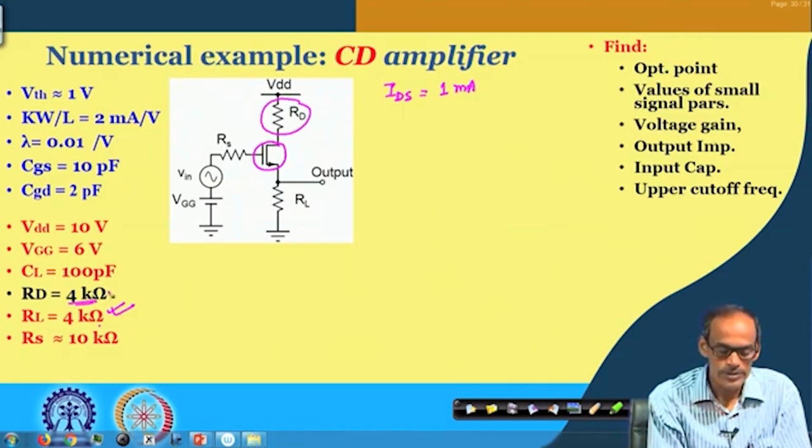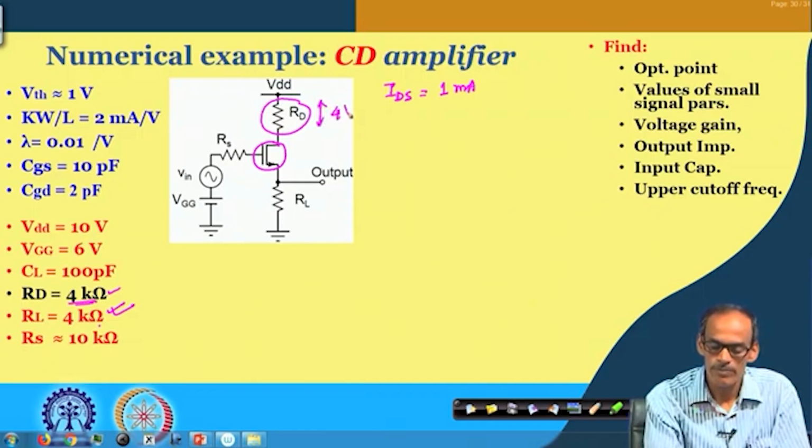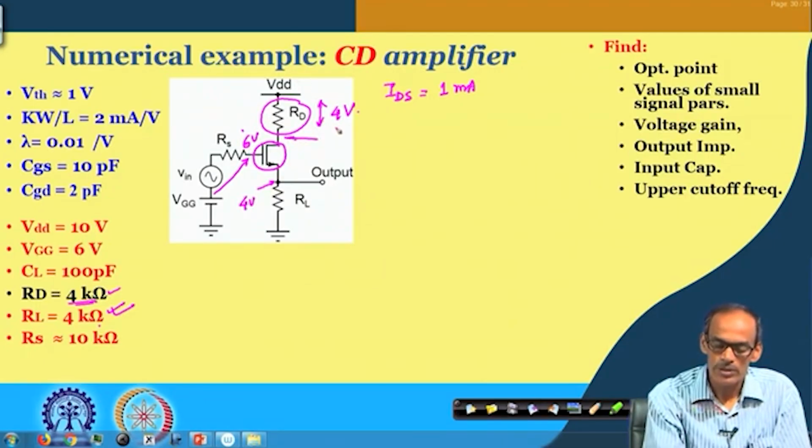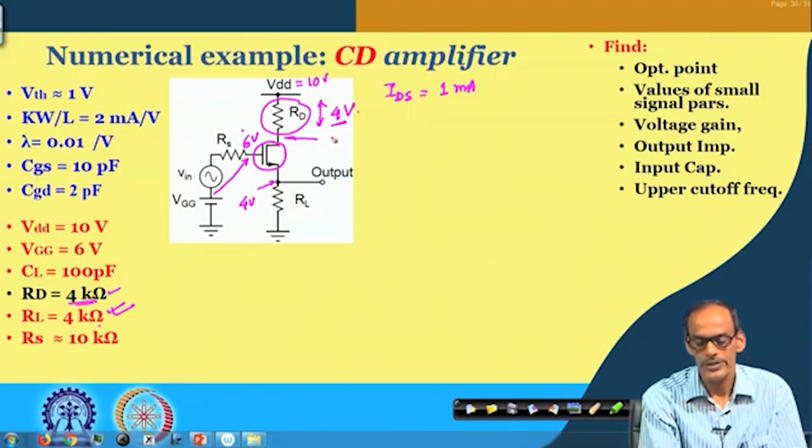and if RD is equal to 4 K, the drop across this RD is 4 volt. So, the voltage coming here after subtracting 4 volt from 10 volt is 6 volt, and at the source we have 4 volt.